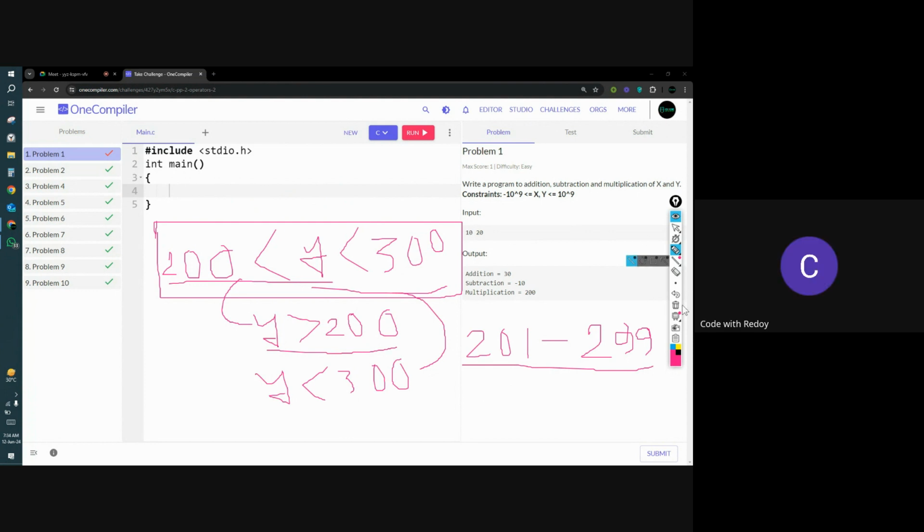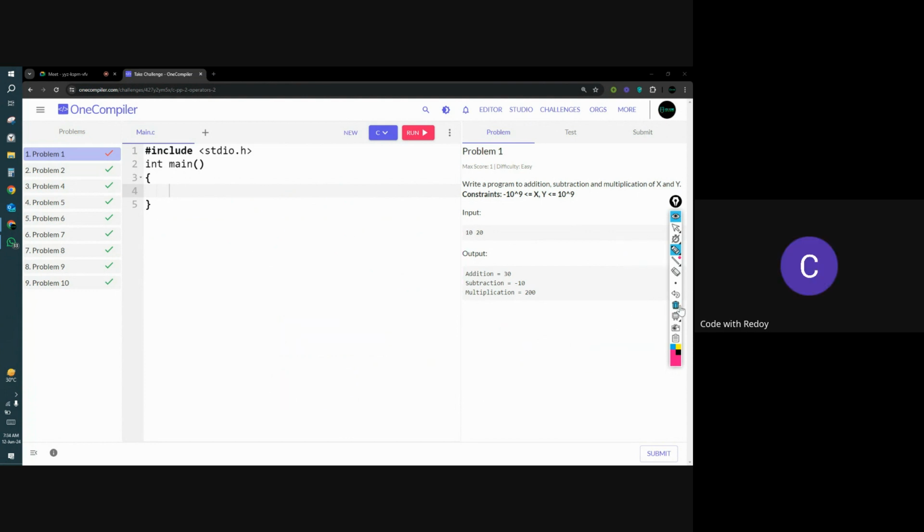Okay. Now let's take an example. Like you and your friend want to play a game, an addition game. You ask your friend that you can say any value between 500 and 1000.